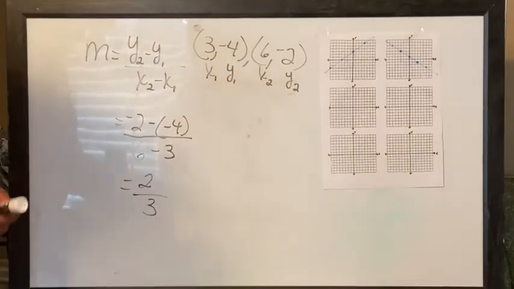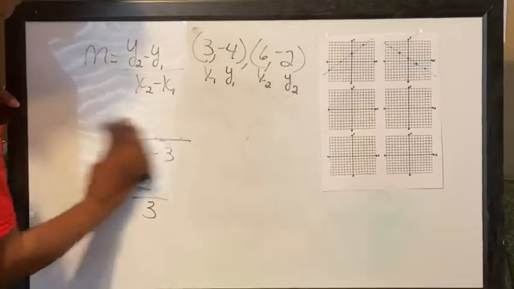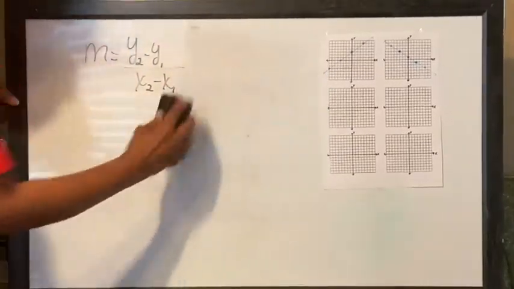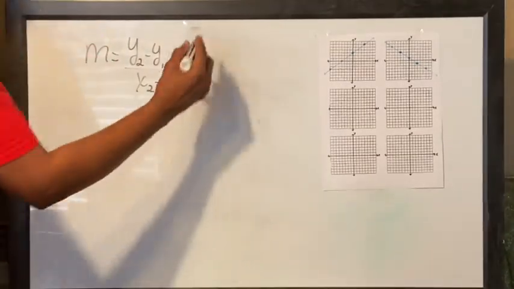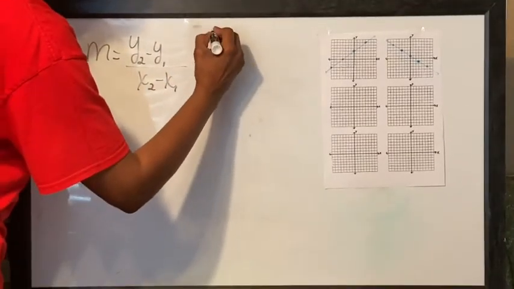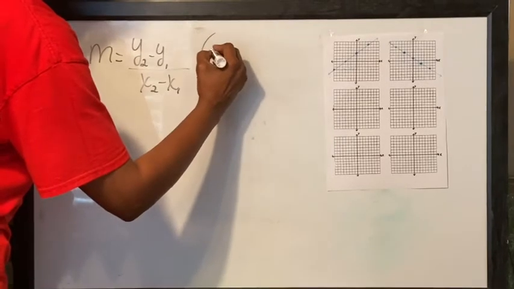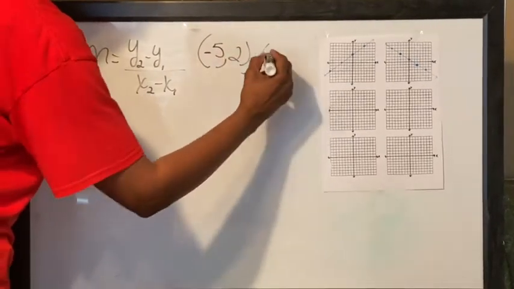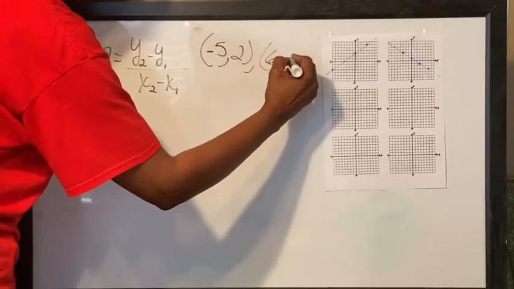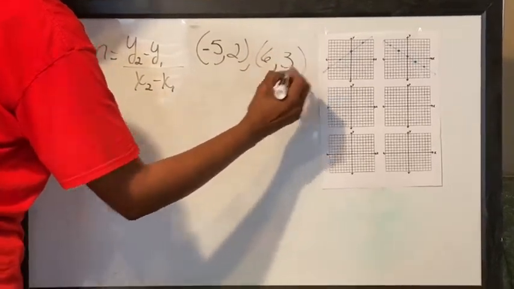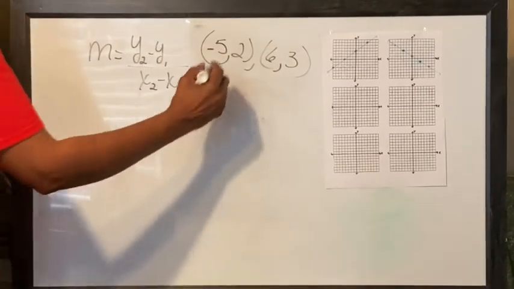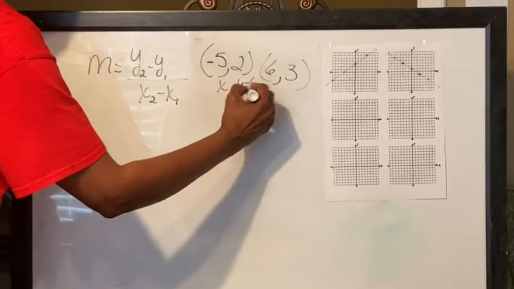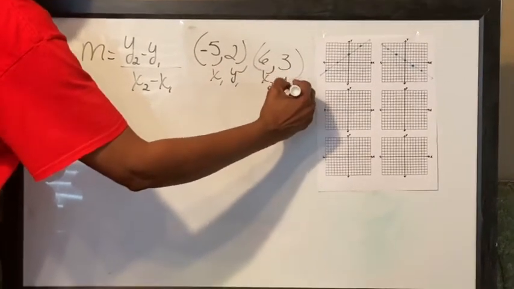So let's do another example. Suppose I had the ordered pair negative 5, 2, and the ordered pair 6, 3. Again, I would highly suggest, until you're really comfortable, label these so you will substitute correctly.